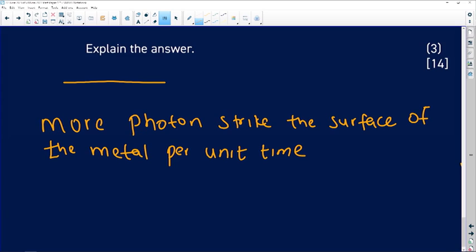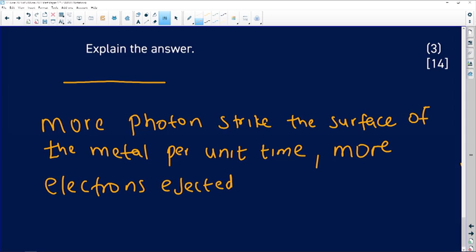And then what else can we say here? So this will mean that more electrons will be ejected, or more electrons are ejected. More electrons are ejected per unit time.